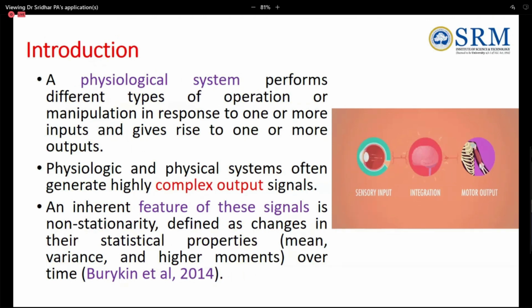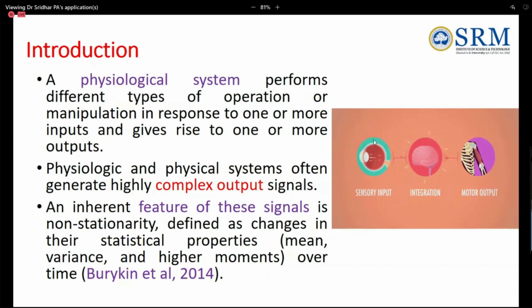As an introduction, I'm just giving you a brief because of the varied audience related to physiological signal systems. We term this a physiological system, which performs different types of operations, mainly where you can manipulate in response to one or more inputs, which gives rise to one or more outputs.